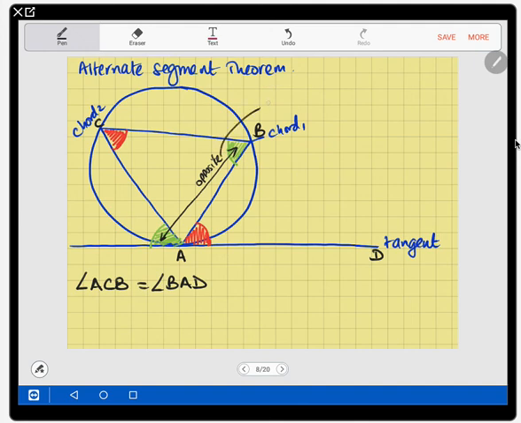Opposite with tangent. Similarly, this angle here is opposite. So where the angle is opposite, the angle on the tangent and the angle in the triangle here, they are opposite, they will be the same angle.